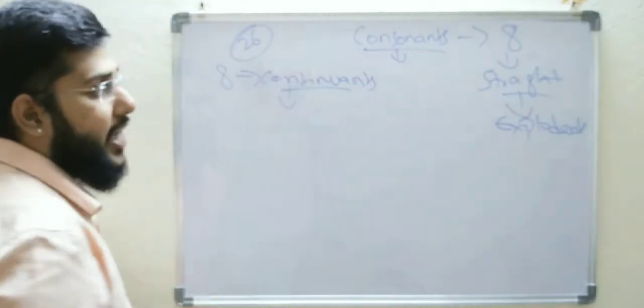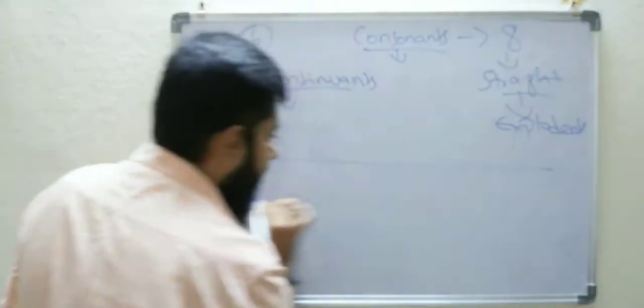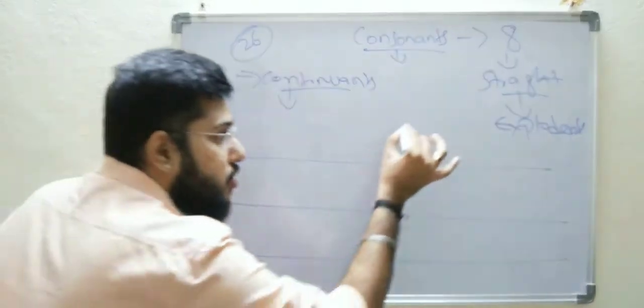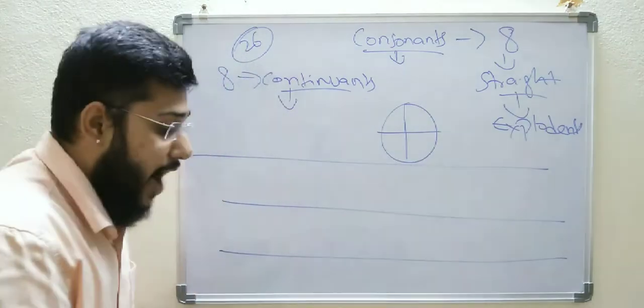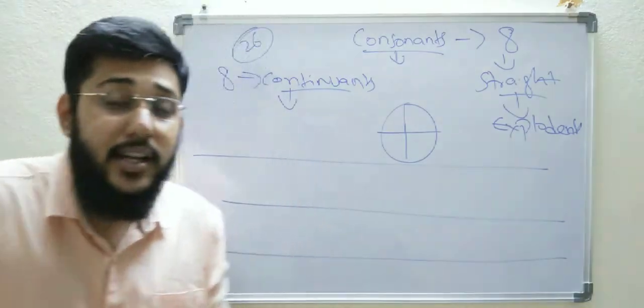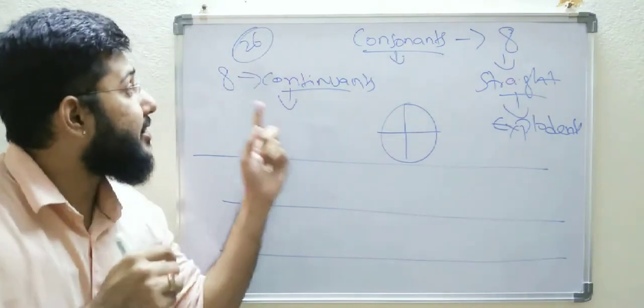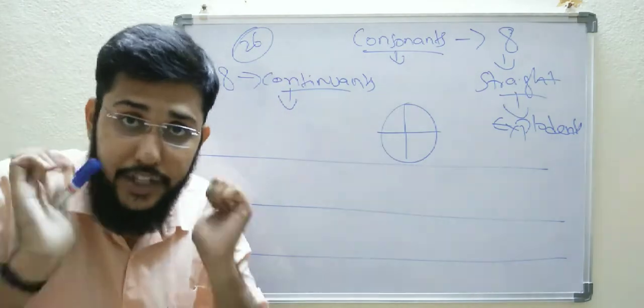The next 8 strokes are derived from a circle. Now let us draw a circle and divide it into 2 parts. After dividing it into 2 parts, let us see how these 8 strokes are formed.